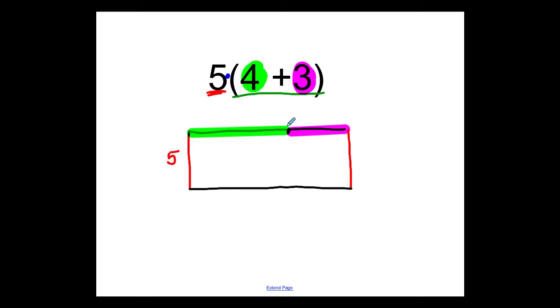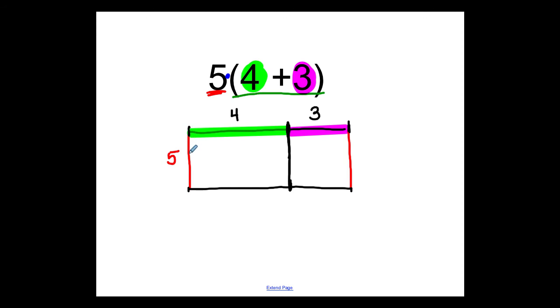I'm going to partition the other horizontal length, just like that as well. And then I'll connect the horizontal markings. Now this right here is going to be 4 units long, and this is going to be 3 units long.